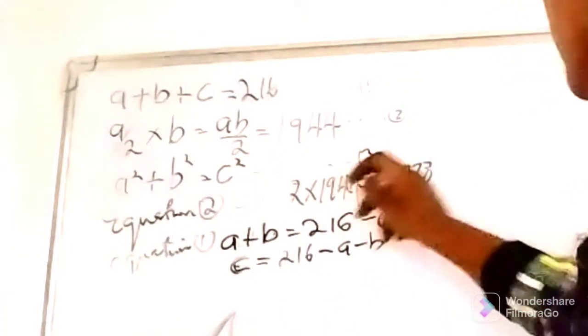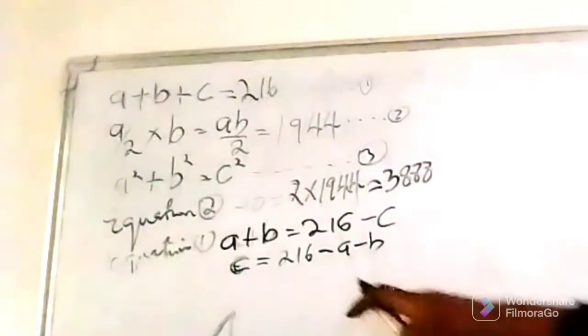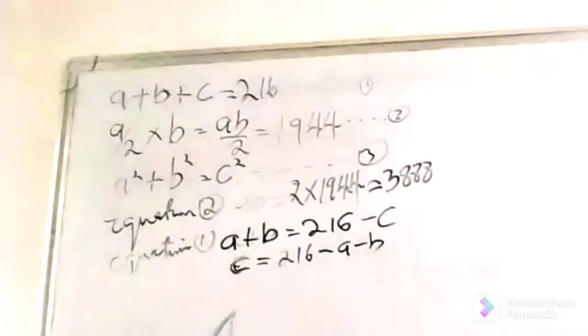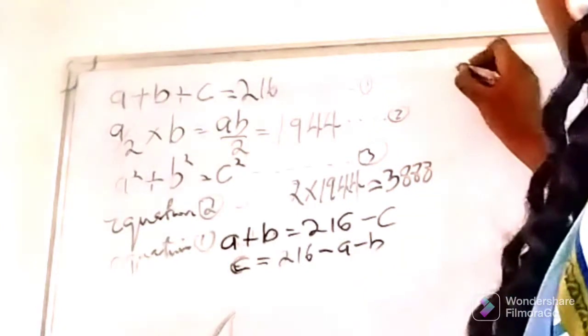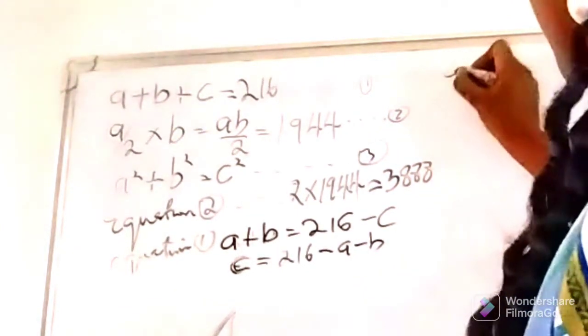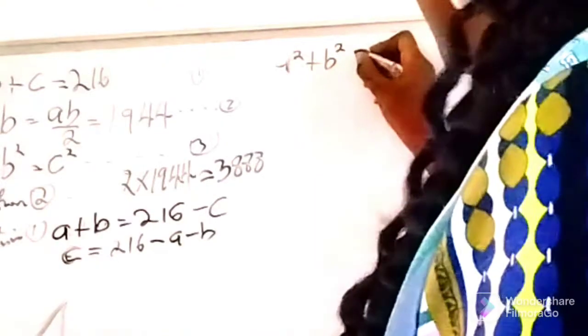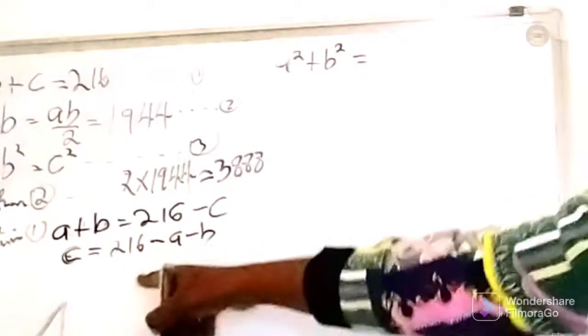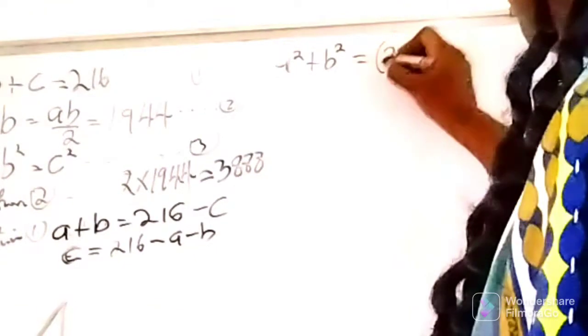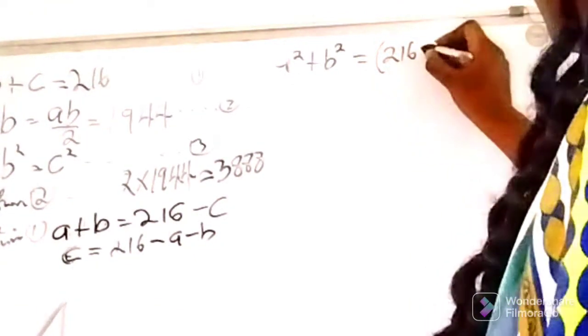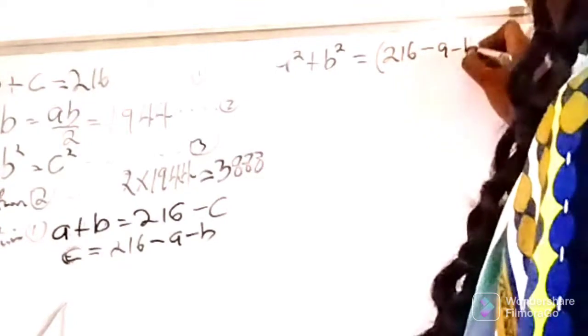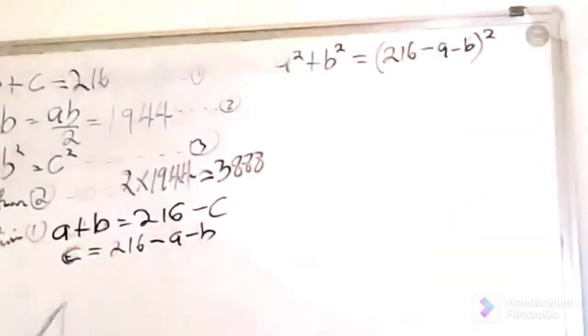Oh, I forgot to call this equation 3. So I put the value of C in my equation 3. So I will have A squared plus B squared equal to C squared. So we're going to put this in the bracket, 216 minus A minus B, all squared.